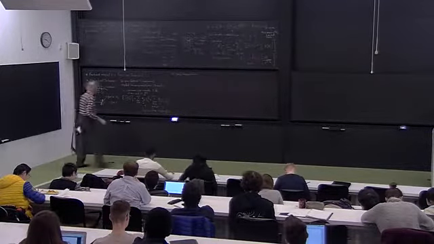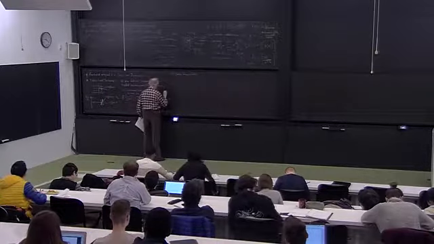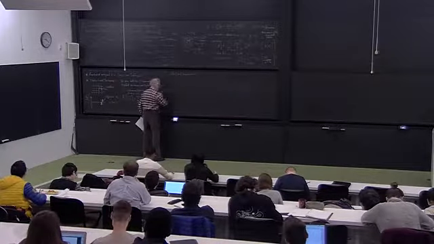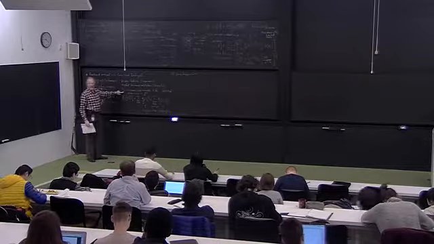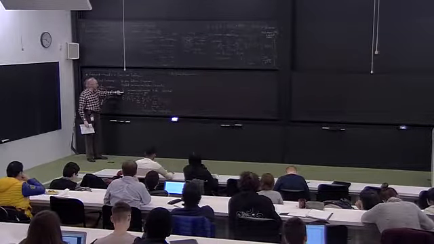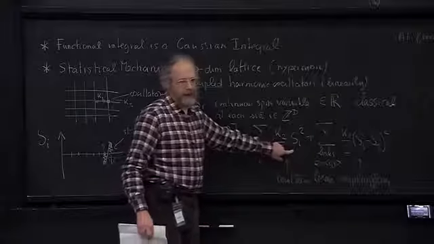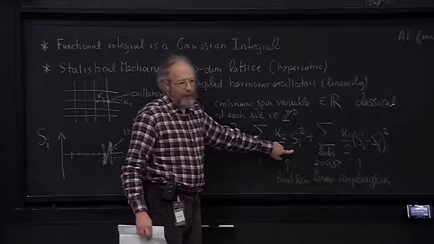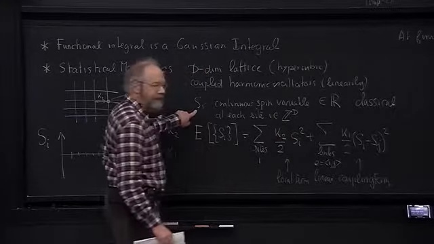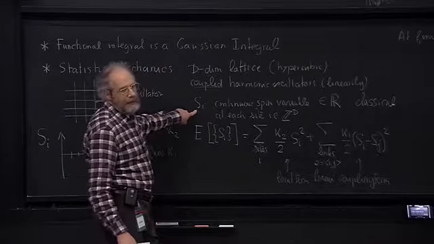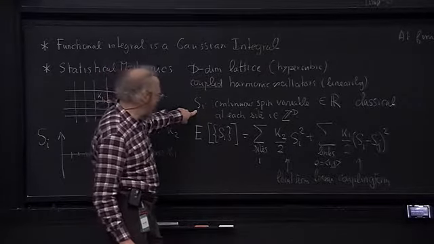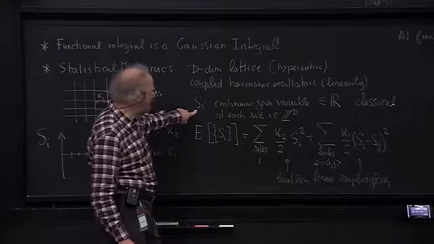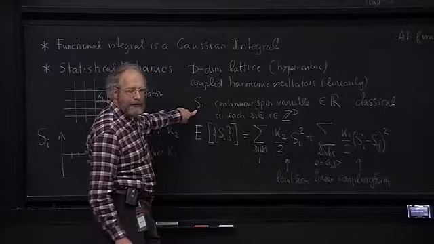That's a classical system. These are classical spins. They are not quantum. It's like a continuous Ising spin. This model would be the Ising model if the spins could take only value plus or minus 1. So the only difference from the Ising model on a lattice is that the spin is continuous.